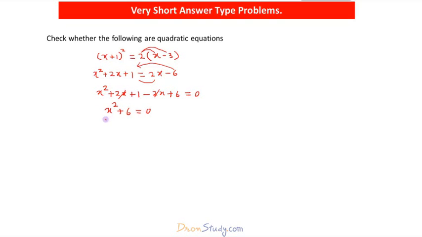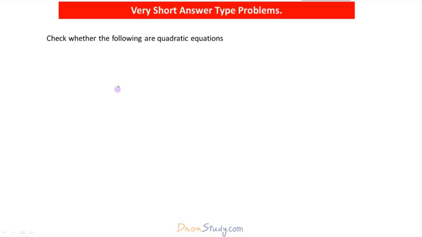And now check what is the highest power of this equation. The highest power of this equation is 2, and since the highest power is 2, we can say that the given equation is a quadratic equation. So write: hence the given equation is a quadratic equation since the highest power is 2.